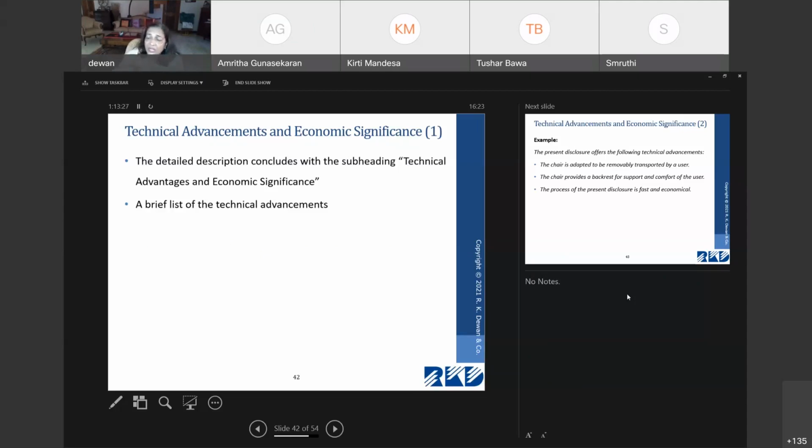Or if you are saving energy, show how much percentage of energy you are saving. Or if you are saving time and that leads to economic significance, you can show it in value, in units, or even as a percentage. It is a very good practice to put this at the end of the detailed description, giving it a separate heading: technical advancement and economic significance.